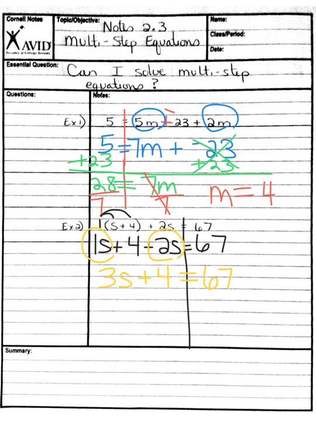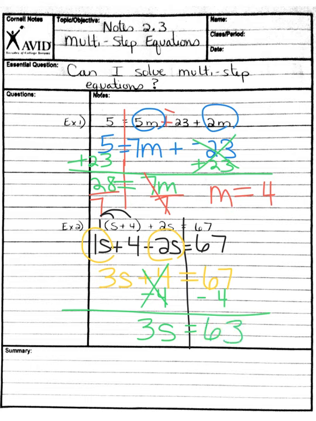And the inverse of that plus 4 would be take away 4. Whatever we do to one side, we do to the other. Our goal is to isolate the variable s. And so we have 3s equals 63.